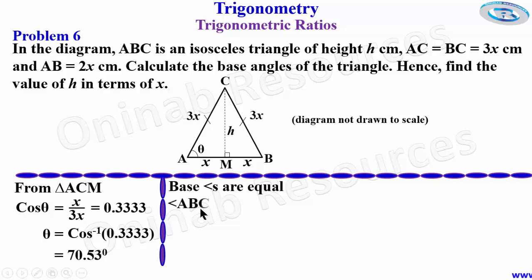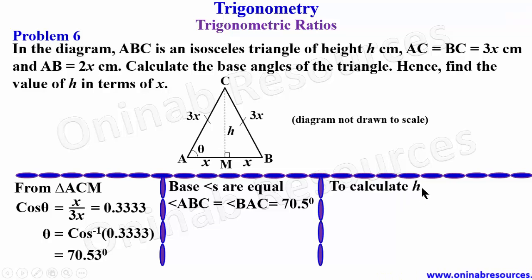They have them as ABC, and the other base angle is BAC, and we have it as 70.5 degrees to 1 decimal place. We are then to find the value of the height in terms of x.